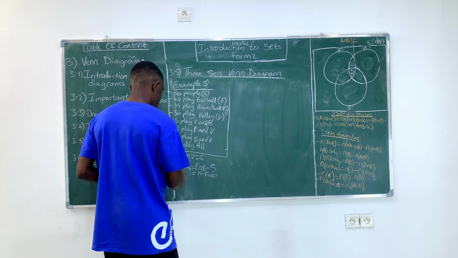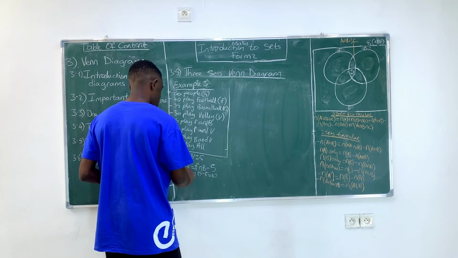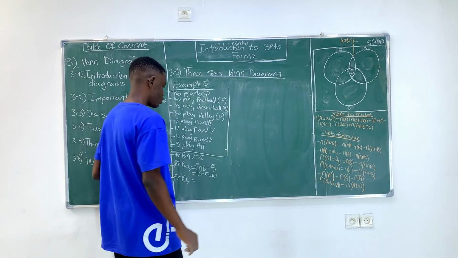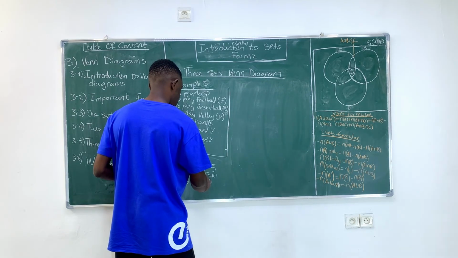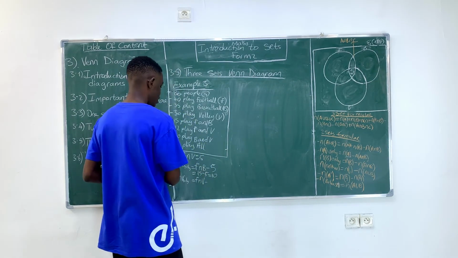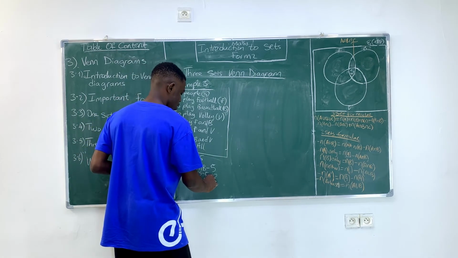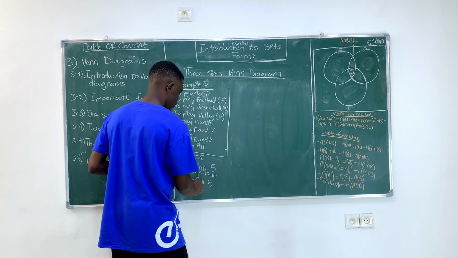Now we are looking for football intersection volleyball only. What is it equal to? Football intersection volleyball minus football intersection volleyball intersection basketball, which is 5.